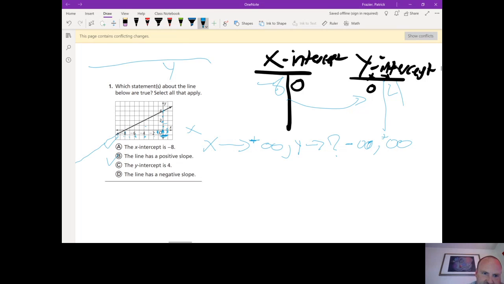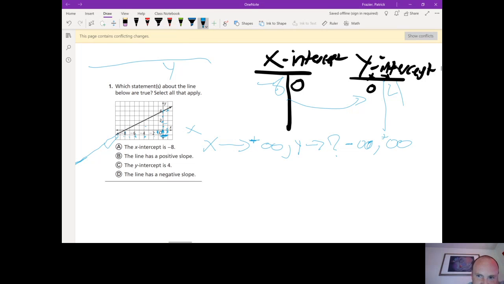If this line kept going to the left, it would go towards negative infinity, but we're moving to the right, towards positive infinity. From -8 to 0, we have a y value of 4, so it's getting bigger again. At x equals 1, y is somewhere between 4 and 5.